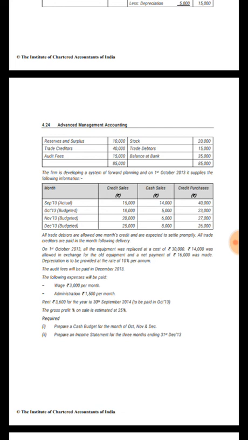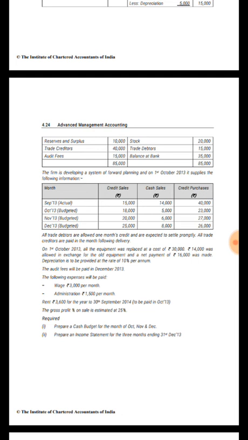Okay, all trade debtors are allowed 1 month's credit and are expected to settle promptly. So see, this credit sale is there, nothing but the debtor balance. Okay, so it is as on 1st October. What they are saying, 1 month credit and are expected to settle promptly, means by the end of 31st October we might have received it.